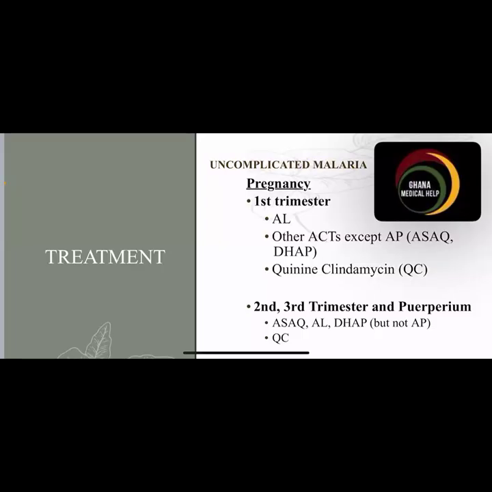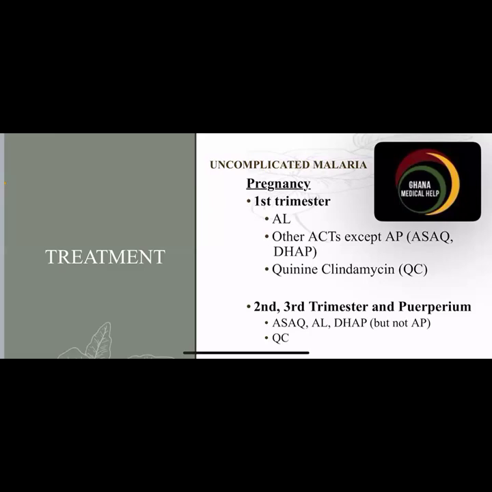And the reason why they actually even switched to the artesunate and the artemether lumefantrine is because, one, quinine has its own issues. It can give you cinchonism, which is one of the common side effects of quinine. And it can also give you hypoglycemia. In pregnant women, these are very bad side effects. And the most common of all is that quinine was just not readily available for us to use as we really wanted to.